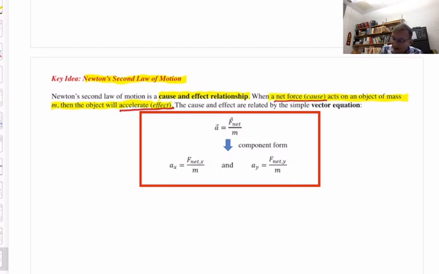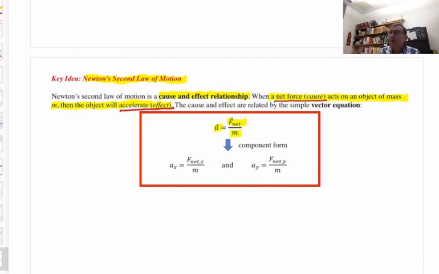And the law says that the acceleration vector that results for a particle is equal to the net force vector acting on the particle divided by the particle's mass. Acceleration equals net force over mass.